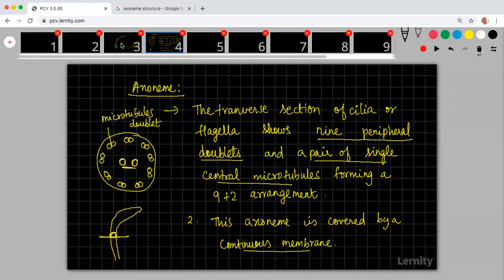It is arranged as a doublet. What is this? This is a microtubule, arranged in the format of 9 plus 2. Axoneme can also be called the shaft. Yes, right. The other name for axoneme is shaft. Are we able to understand?